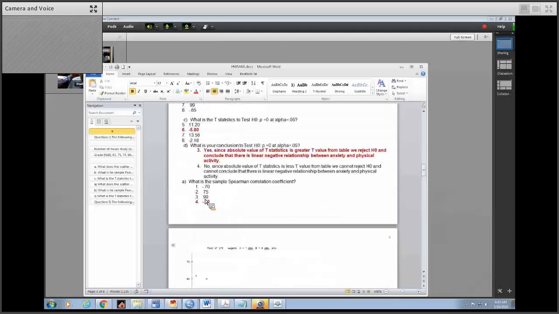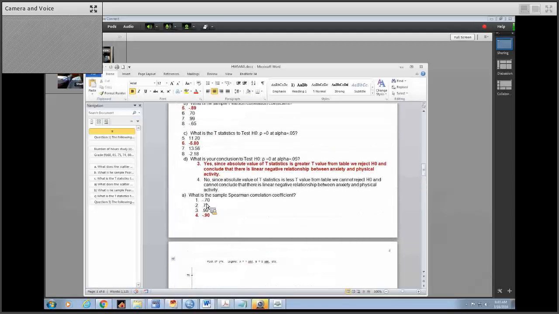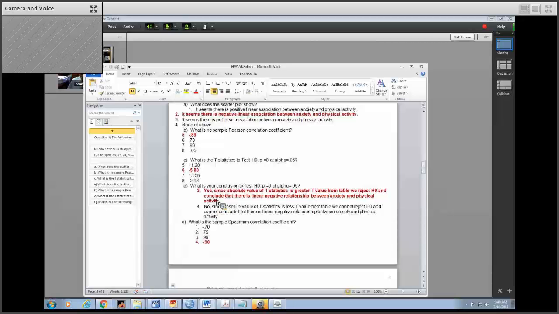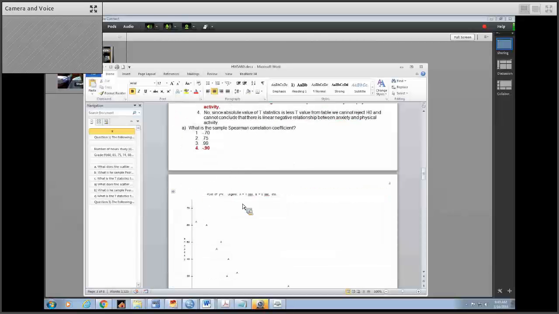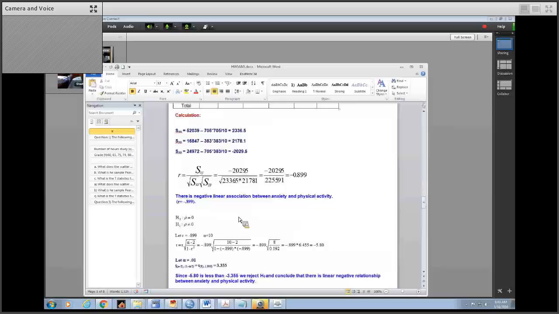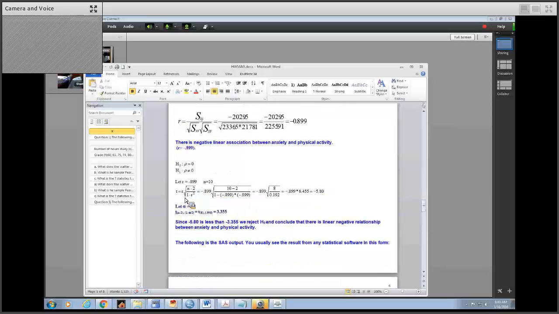Based on the T statistic, we calculate it again the same way: r times the square root of n minus 2 over 1 minus r squared, replacing r with your correlation. Remember, you have to put the negative value there. So you get negative 5.8, and for 8 degrees of freedom at 0.995, you get 3.355.